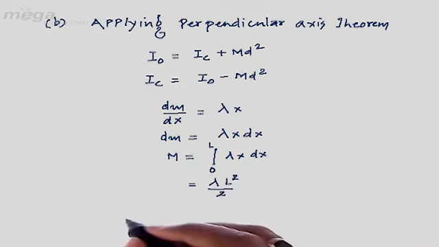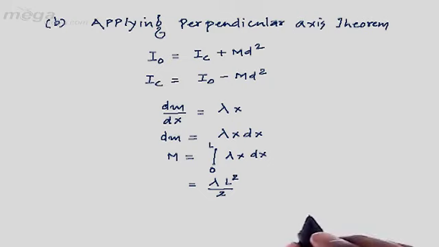Now again, we have to calculate D. D is the distance of the center of mass from the y-axis. In order to calculate D, the position of the center of mass is to be calculated from the given axis.